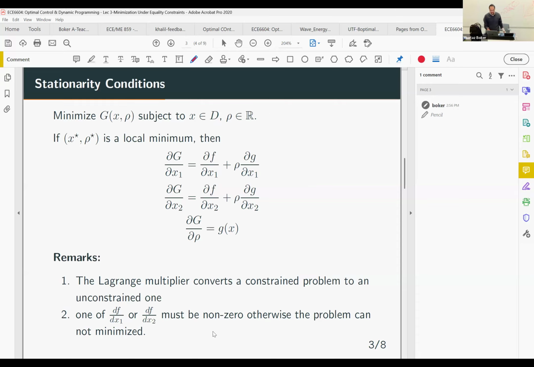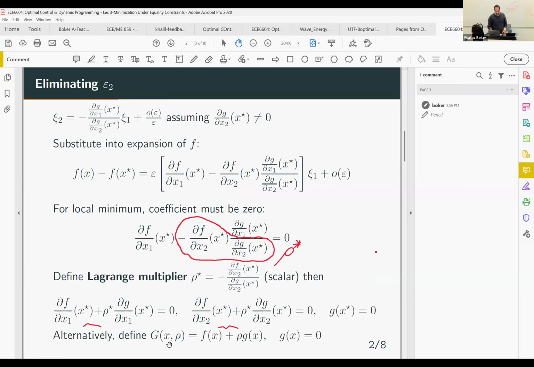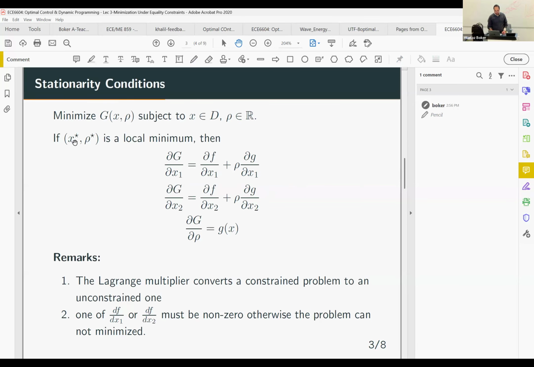Now the question to you guys here is, this is my definition of G. So I'm going to minimize, because x star and rho star are a local minimum, G with respect to x1, x2, and rho.